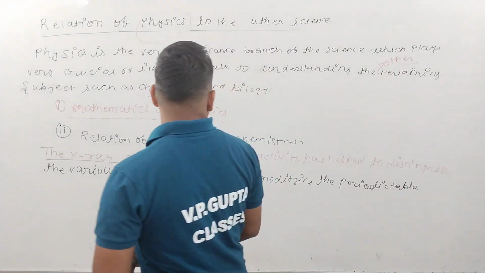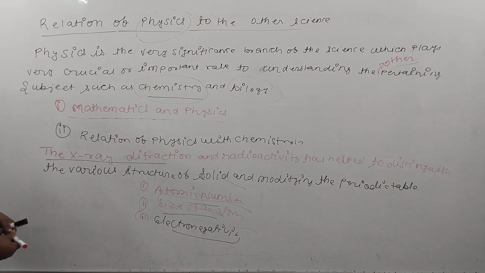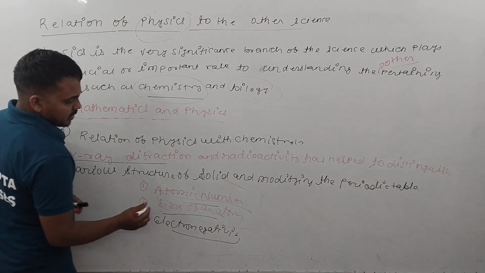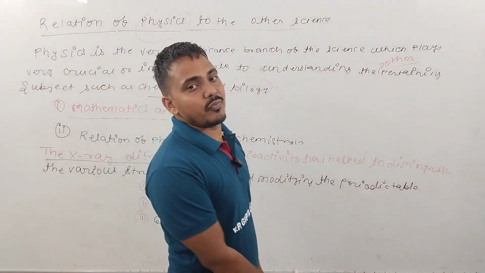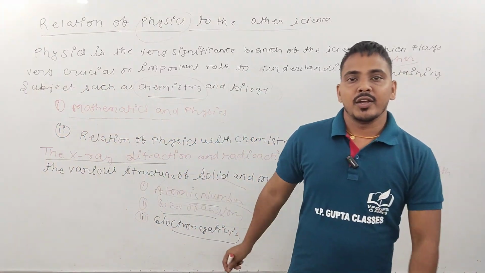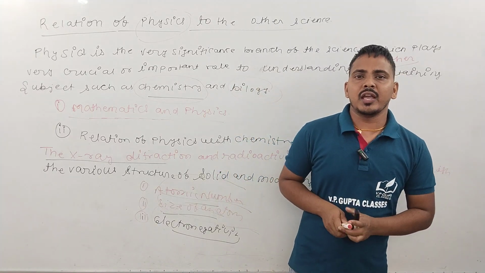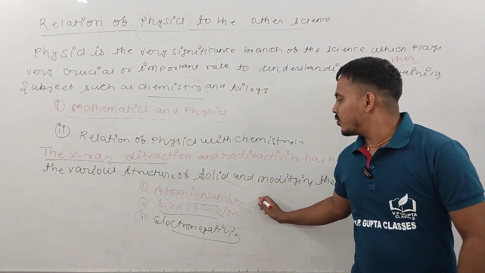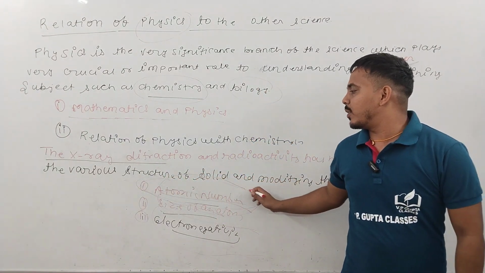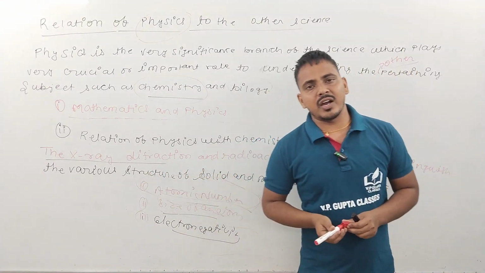As an example, you can first see that the periodic table is arranged in ascending order of atomic number.